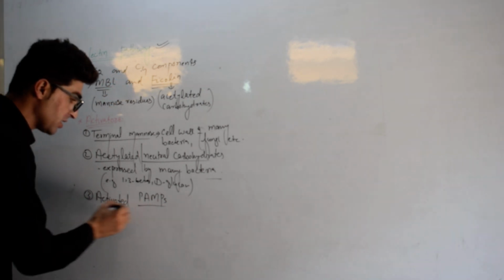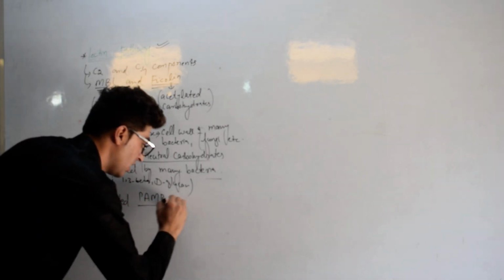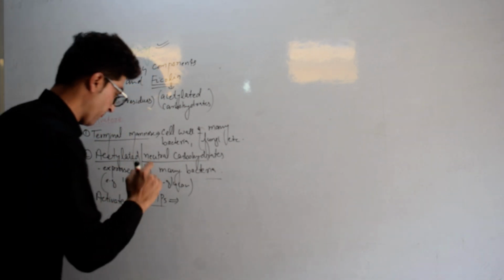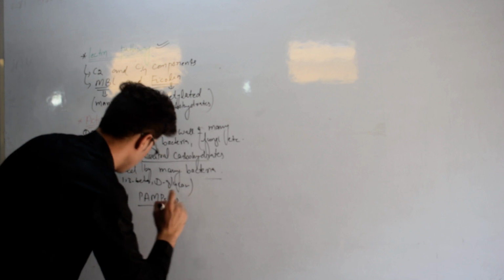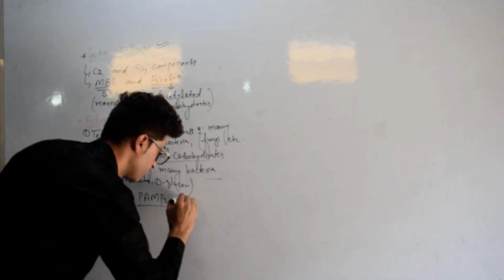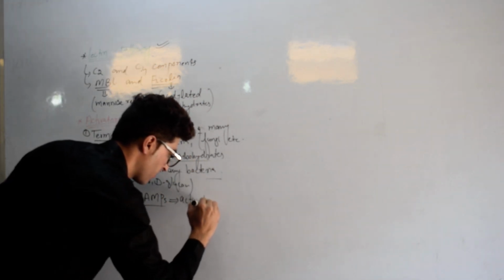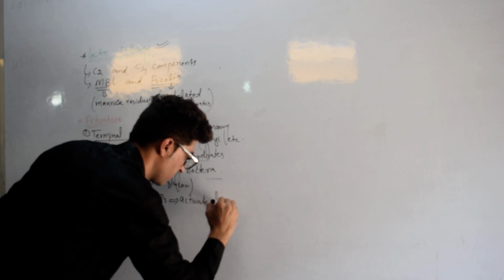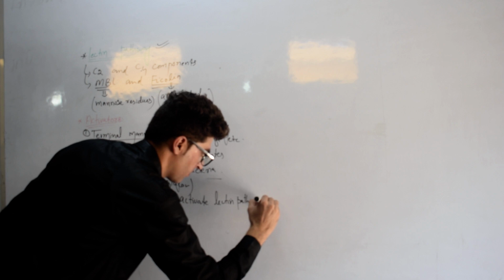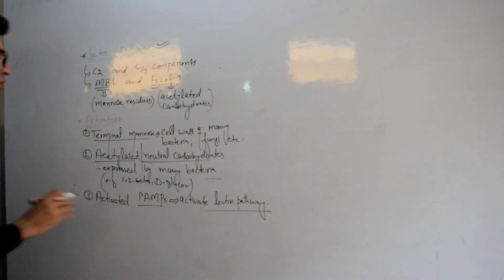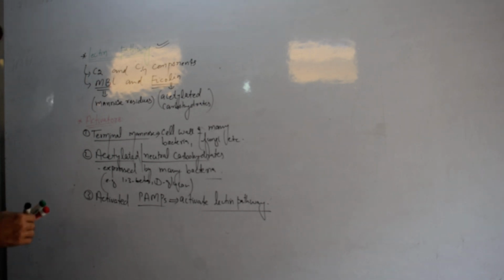So these activated PAMPs are also going to activate the lectin pathway. So these are the activators of the lectin pathway.